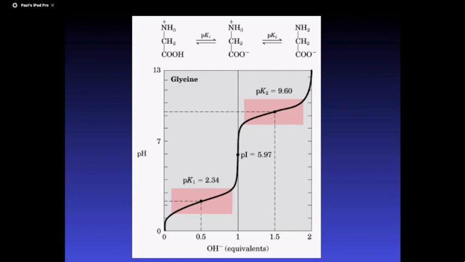Now, there is a zone where you have to mathematically calculate how much protonated and deprotonated there is, and that's between 1.34 and 3.34. There's a distribution. But you know the pH where this exists.